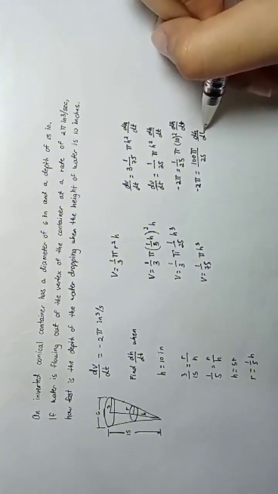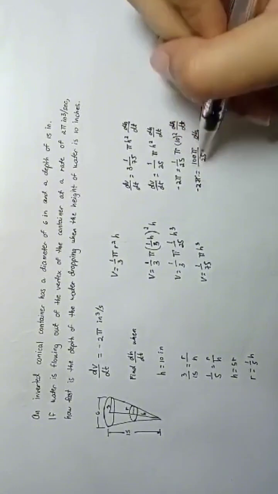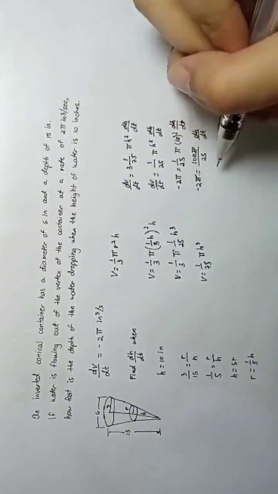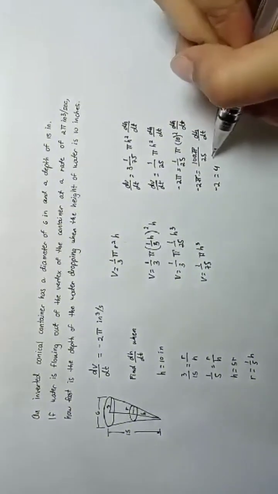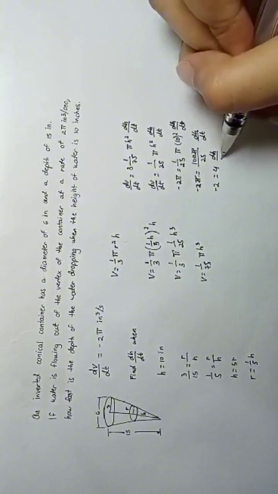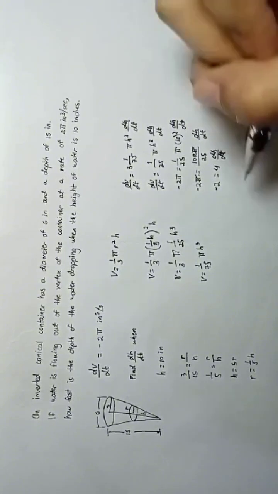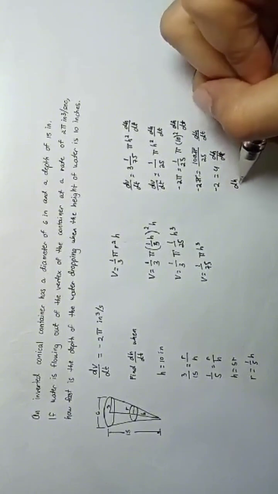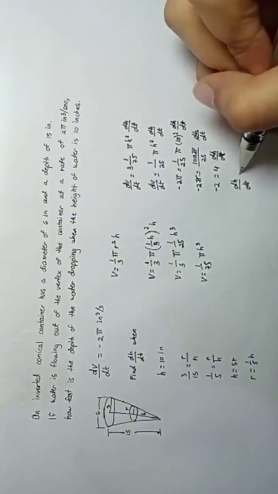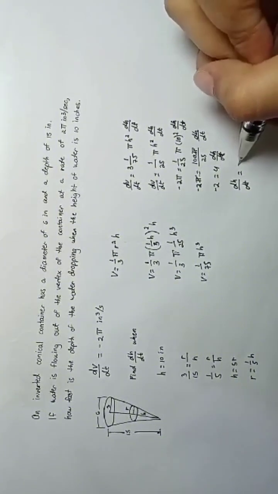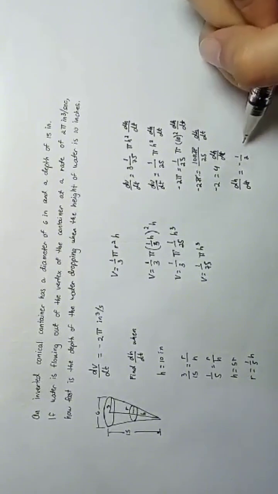Let's cancel out the pi and it became negative 2 is equal to 4 dh over dt. So the answer is dh over dt is equal to negative 1/2, and its unit is inches per second, and that is the answer of this problem.